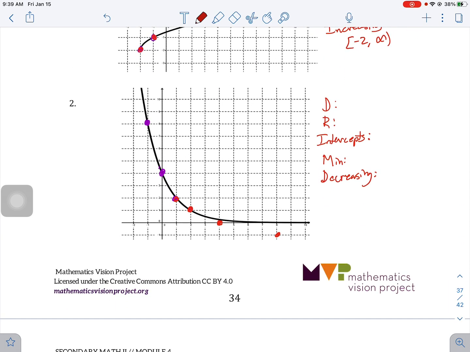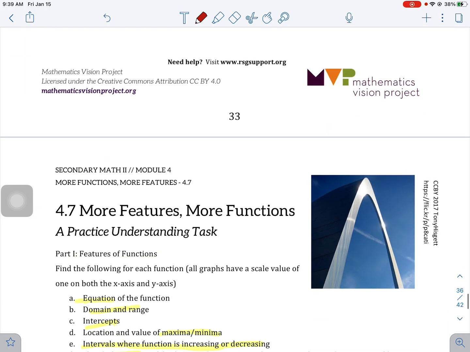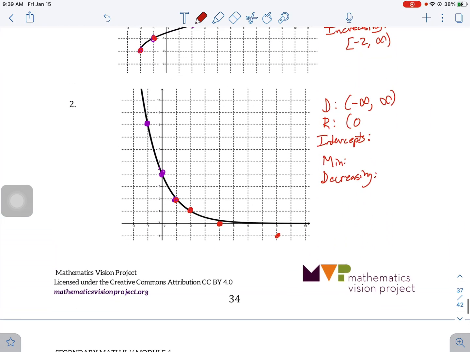The next one, the domain continues infinitely to the negative and also to the positive. The range doesn't include 0. It gets close to 0 but doesn't quite get there. But it goes infinitely in the positive.